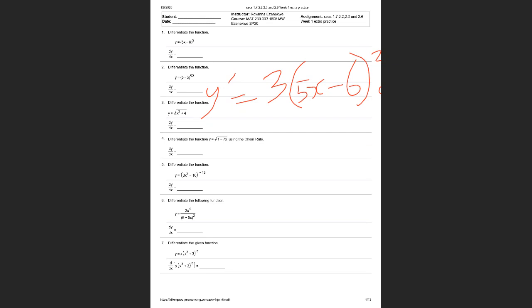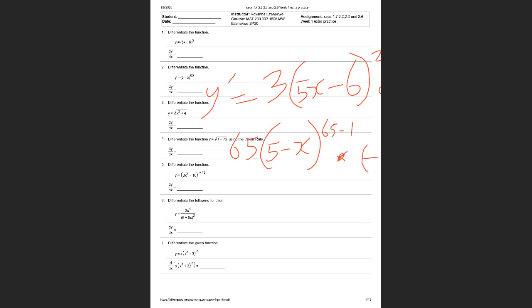Number 2, finding the derivative of this composed function, we have power to exponent 65, bring down the inner function, then apply power rule. 65 minus 1, then multiplied by the derivative of the inner function, which is negative 1.